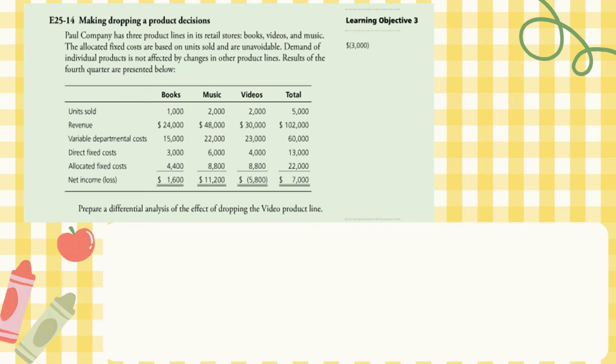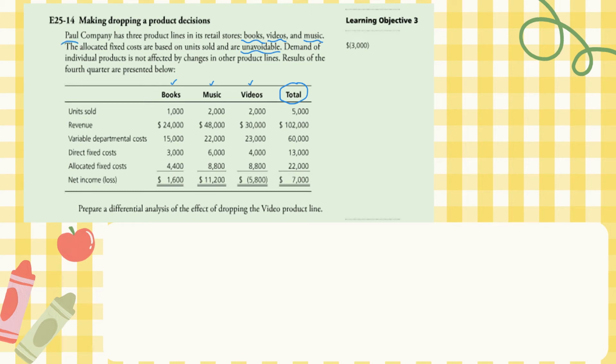Now here we have another question. Paul Company has 3 products in its retail stores: books, videos, and music. Okay, so we have 1, 2, and 3, and this is the total. The allocated fixed costs are based on units sold and are unavoidable.